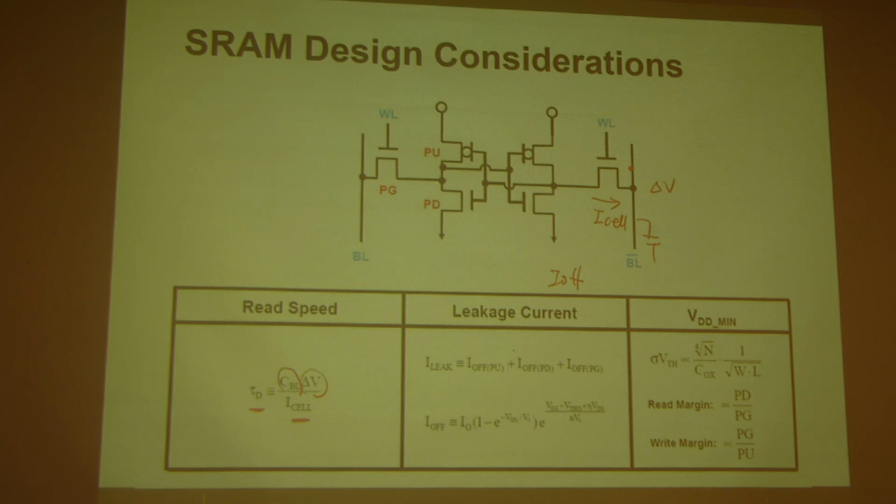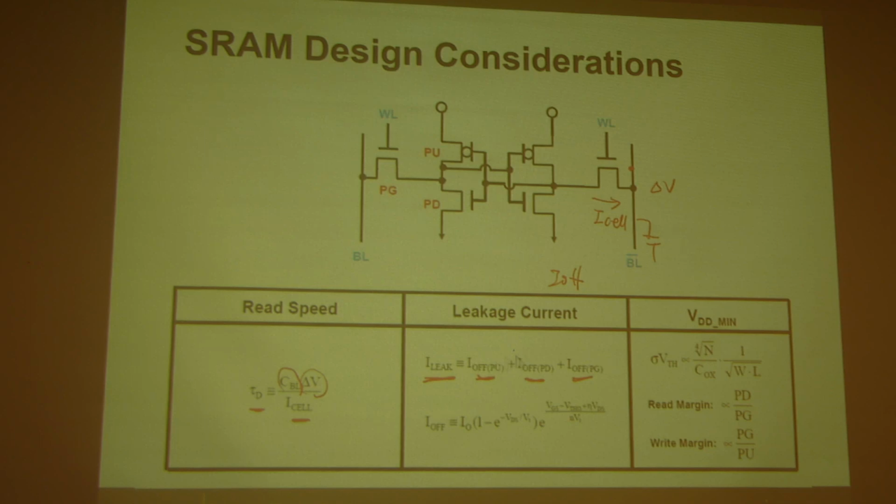So if you look at those 6 transistors in the SRAM cell, you will find that of the total leakage current of one SRAM cell, actually only 3 transistors are leaking. I will not do it for you, but you can check by yourself. Only 3 transistors are leaking: 1 pull down, 1 pull up, and 1 pass gate transistor.